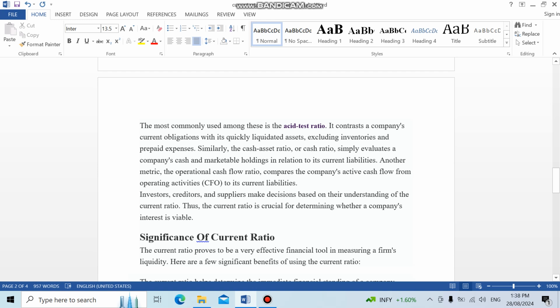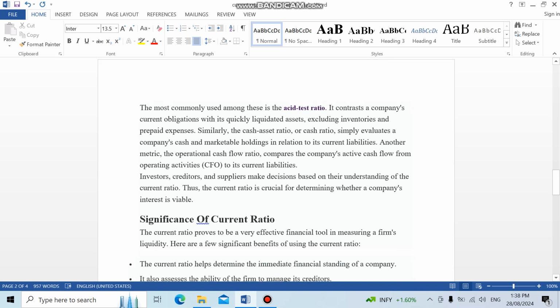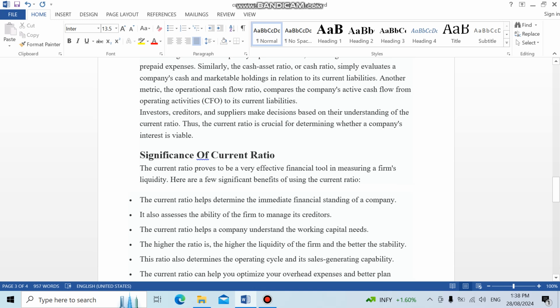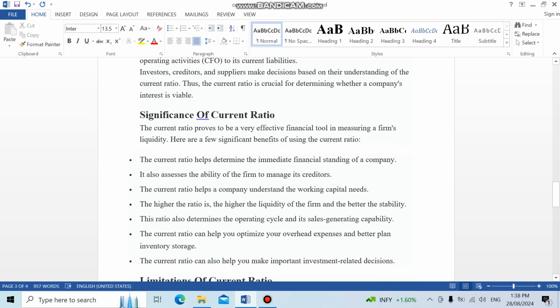In cash ratio, only cash is included, right? Another metric, the operating cash flow ratio, compares the company's cash flow from operating activities to its current liabilities. Investors, creditors, and suppliers make decisions based on their understanding of the current ratio. Thus, the current ratio is crucial for determining whether a company's interest is viable.